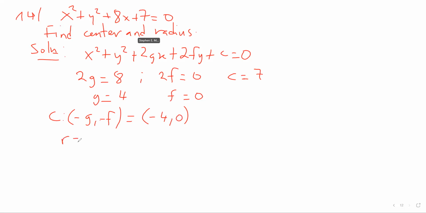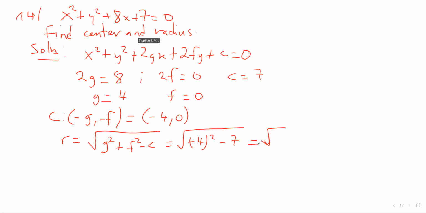And the radius is given by the square root of g squared plus f squared minus c, which is nothing but the square root of 4 squared minus 7, which is the square root of 16 minus 7, which is the square root of 9, which is 3. And that gives us the center and the radius.